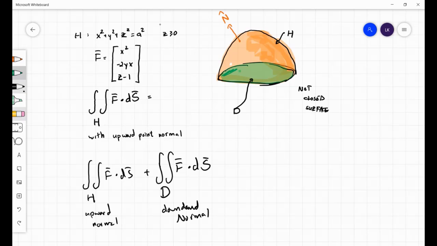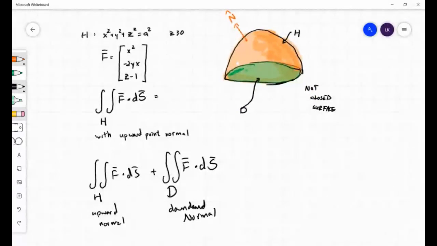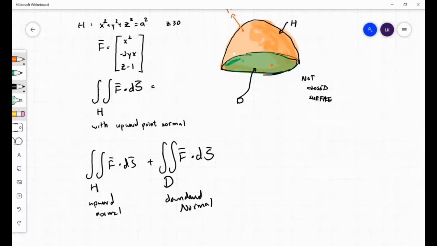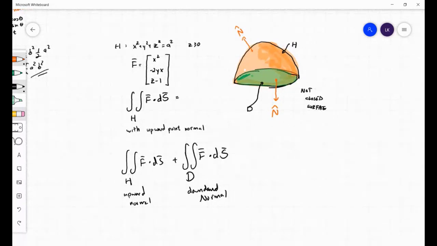Because in the divergence theorem, the normal has to be pointing away from the interior region. So downward normal.